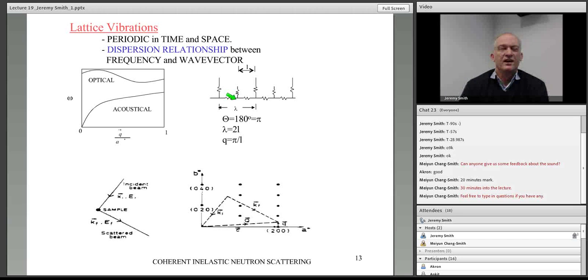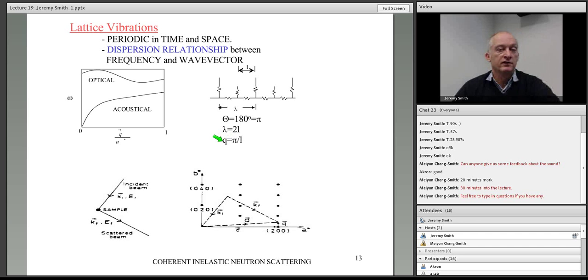But they don't have to execute the motions in phase. They won't. One of them could be going, I'm going to try and point at the camera, up when the other one's going down. Yeah? And that creates a wave that goes through the crystal. That's a lattice wave, and there will be a phase relationship given by the wavelength of those waves. That's the phase relationship that you can translate into a wave vector.